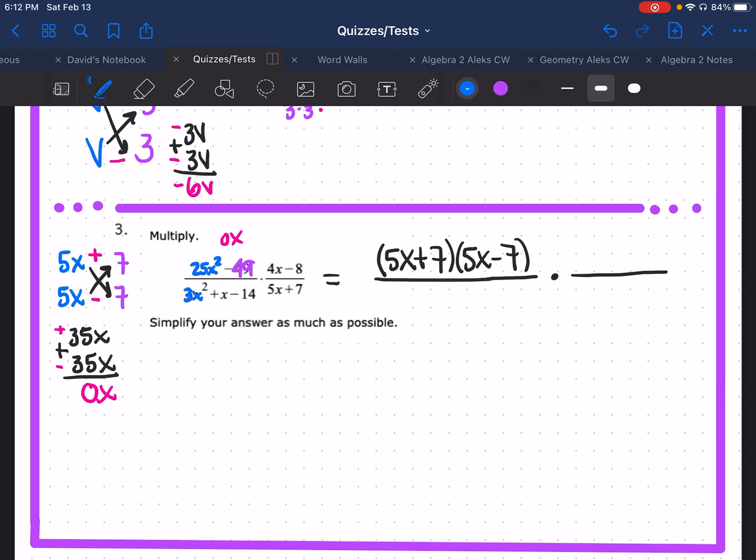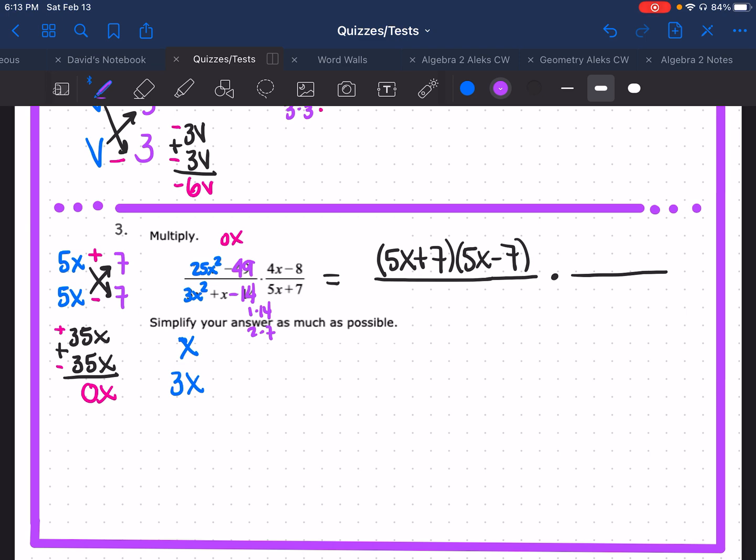I've got 3x squared, which I could think of as x times 3x, and then 14, let's see, I could think of it as 1 times 14, or I could think about it as 2 times 7.